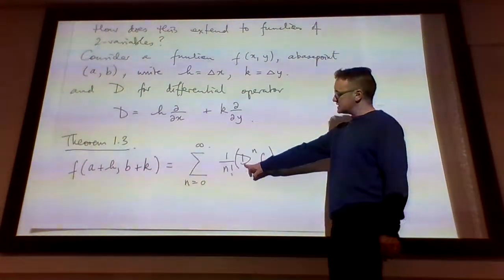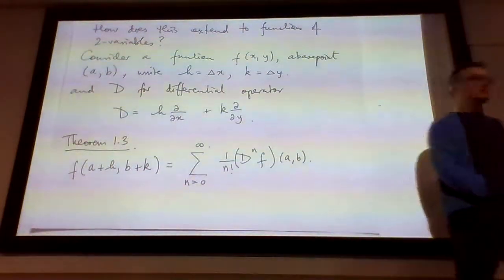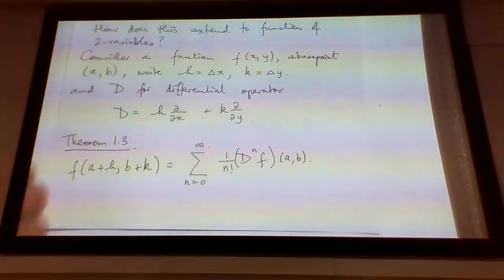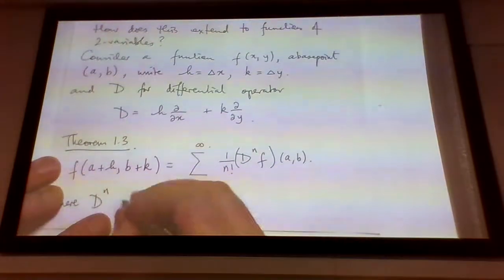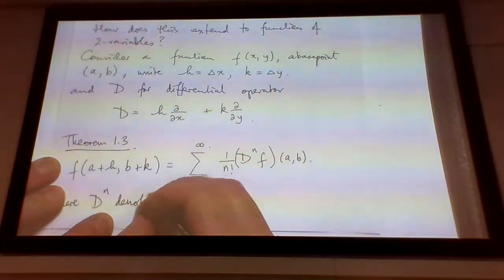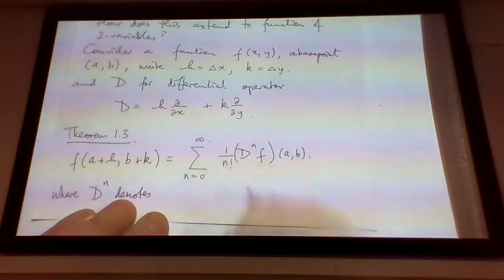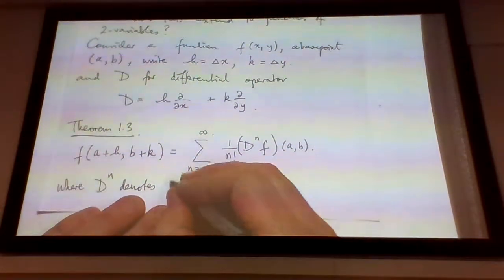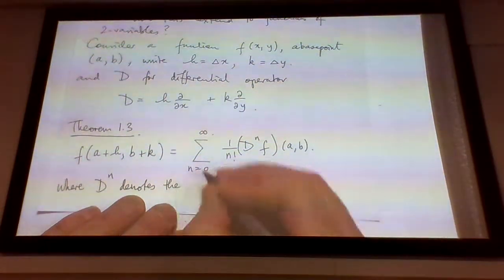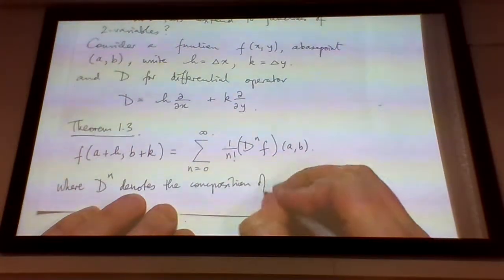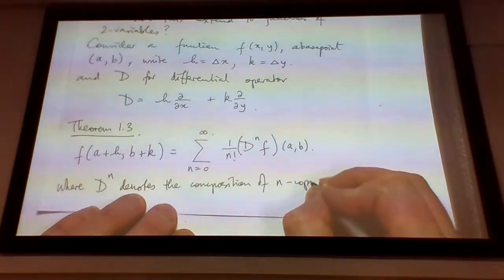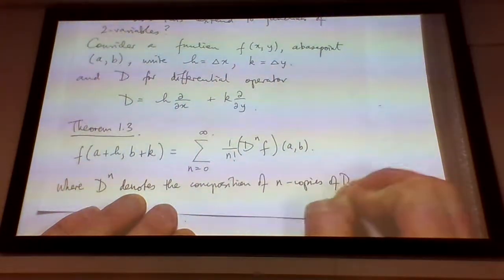Now here we see the differential operator raised to a power. So what that means is, remember, D to the power n, D is an operator. So D to a certain power is going to denote the composition of n copies of D applied to f.